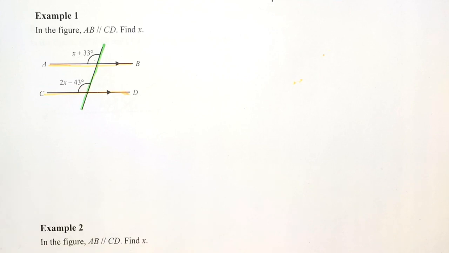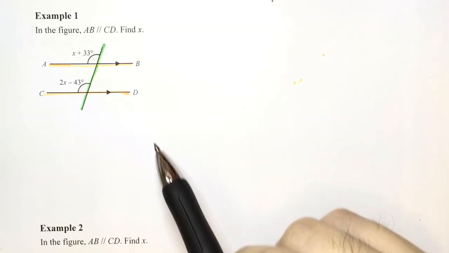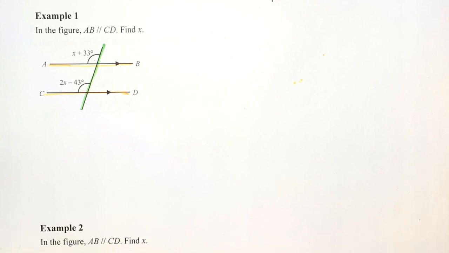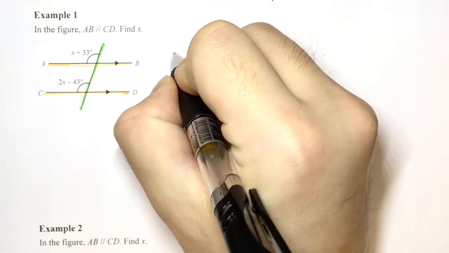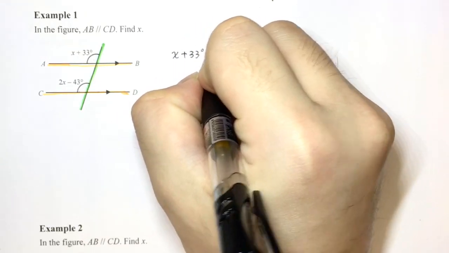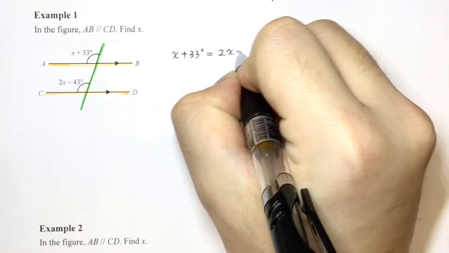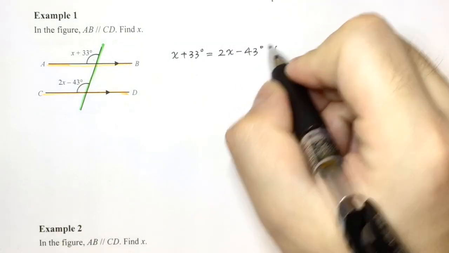angles. So in our working steps, it's best for you to write the name of angles with the proper reference. But sometimes if it's not so convenient, you can just write down the value of the angle. For the first step, we have x plus 33 degrees equals 2x minus 43 degrees. Why?